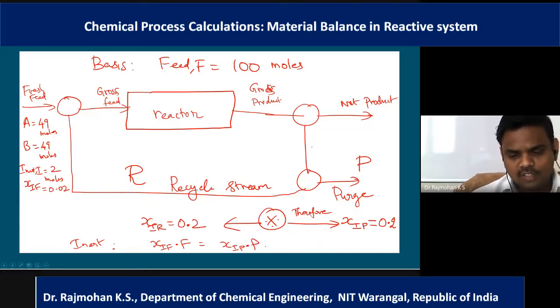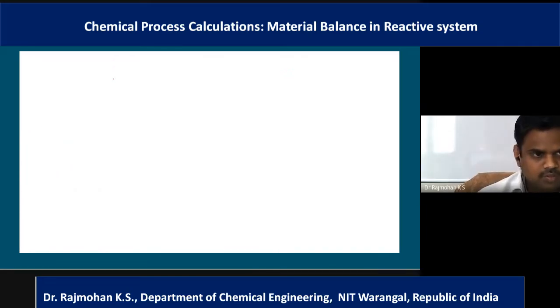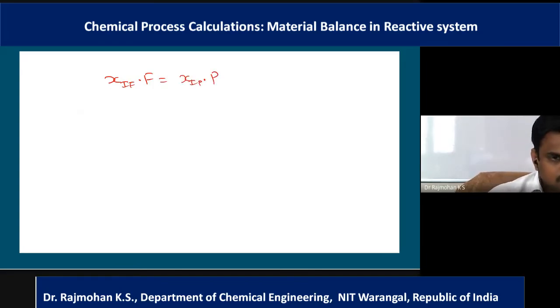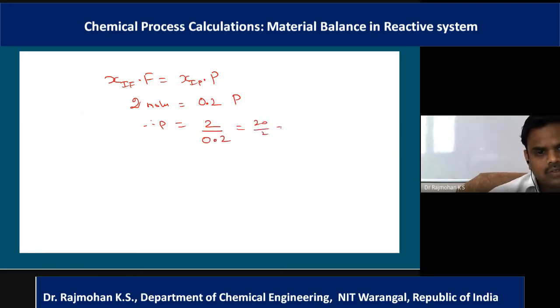So 2 moles, which we have already calculated, is equal to 0.2 into P. Therefore P is equal to 2 divided by 0.2, which is 10 moles.